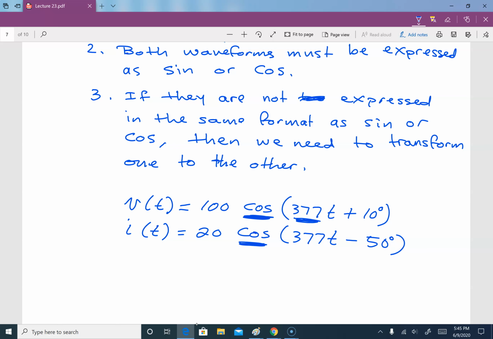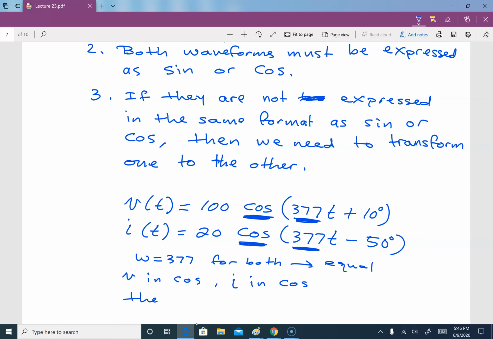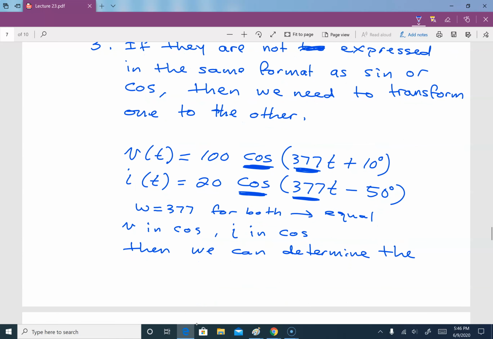This frequency is 377. This frequency is 377. Then we can say that omega is equal to 377 for both, which means that they are equal. And then voltage in cosine and current in cosine. Then we can determine the phase relationship.